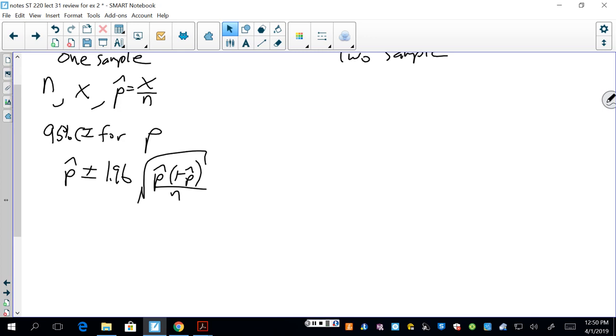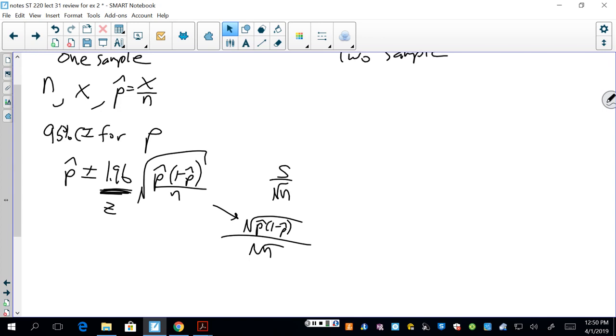A proportion is almost like the same thing as if you're doing an average, just slightly different. Yes, we do use a z-value here. And instead of having s over the square root of n, like we did for one sample t, we have the square root of p hat times 1 minus p hat over the square root of n.